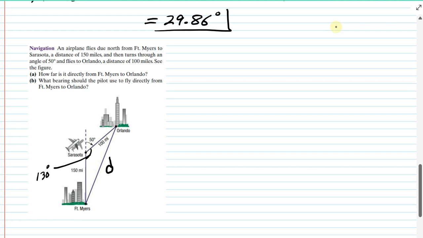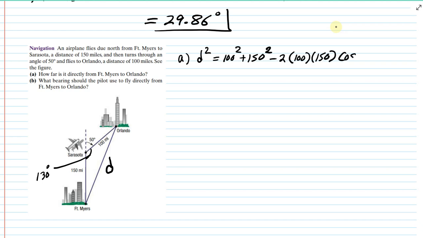Therefore, for the side that we're looking for in part A, I can say d squared is equal to the sum of the squares of the other two sides, correct? Negative twice their product times the cosine of the included angle, 130 degrees. You work this one on the calculator, you're going to get a very large number in the millions.